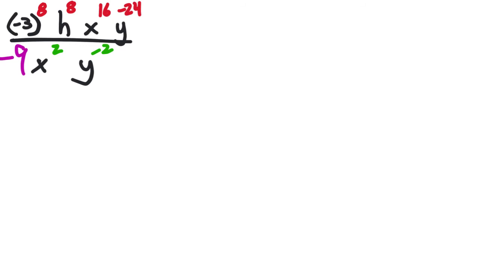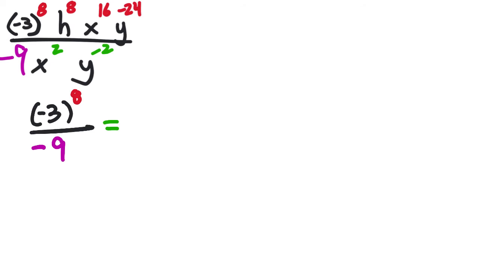So right here, I would be looking at first my numbers. So that's a negative 3 to the power of 8 all over negative 9. And what I'm going to do is put this into my calculator. So I'm going to put negative 3 to the power of 8. Let's see what we get on that.